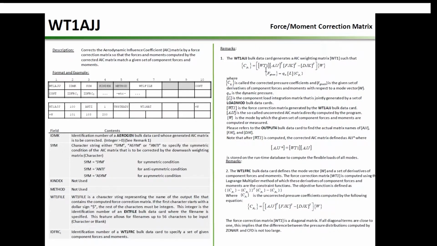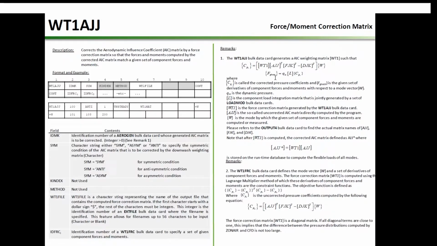The WT1 AJJ card generates a WT1 matrix. This is called the correction matrix. When you multiply WT1 by the AJJ matrix, we call this AJJ star, the corrected AIC, and then for a given displacement vector, you compute the CP. This CP we call the corrected CP. Then when we integrate the CP with a component load integration vector, it will match the given component loads.